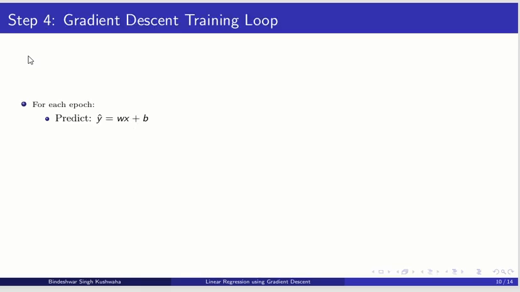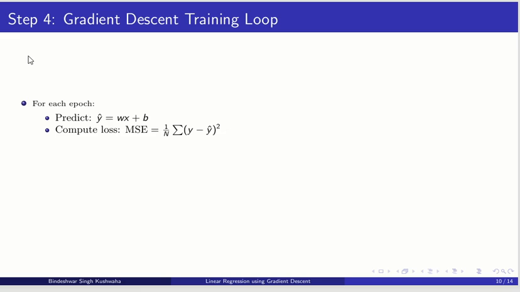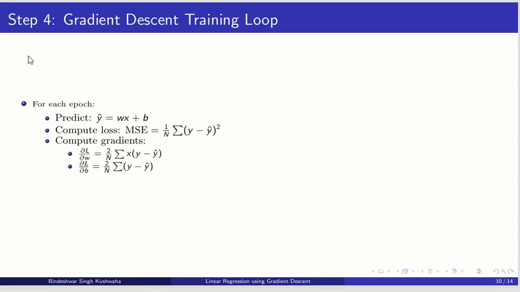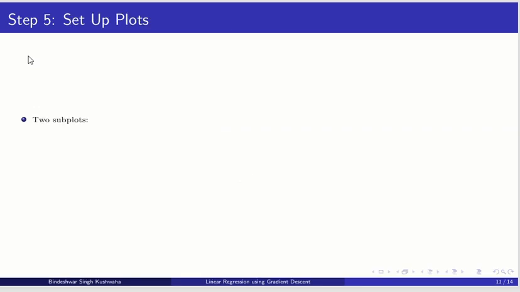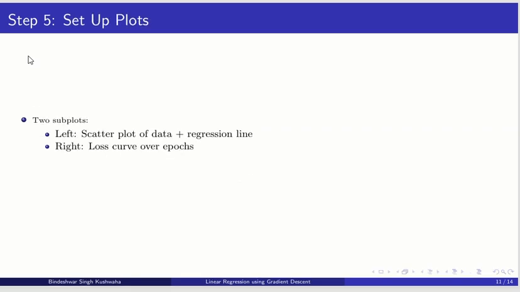So we will predict y hat, where the loss function or cost function is MSE, mean squared error. Thereafter we'll compute gradients with respect to the loss function, because the loss function is a function of parameters. We will update w and b both. So we will have two subplots.